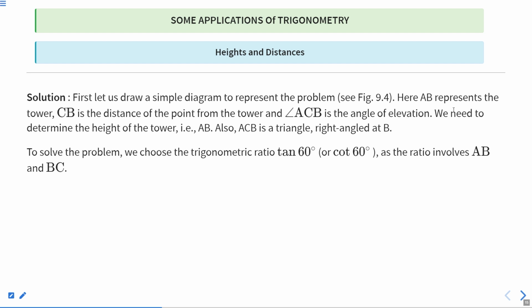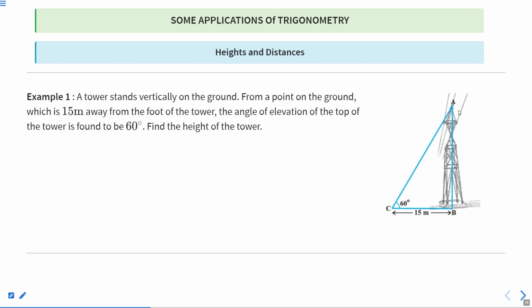Here AB represents the height of the tower. BC represents the distance from a point on the ground which is 15 meter away from the foot of the tower, and AC is the line of sight.